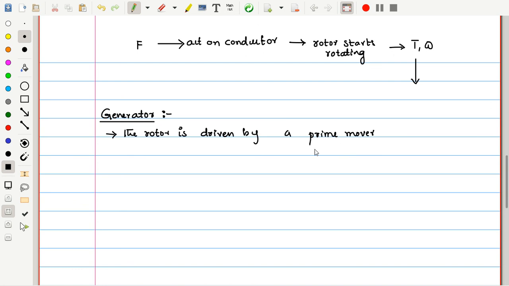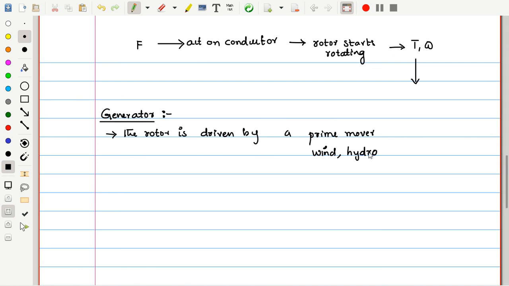Now wind can be the prime mover, that is one thing. Another thing is that if you put high pressure water on some fan, what happens? That fan is going to be rotated, provided it is made with a proper structure, of course. We talk about water in terms of hydro.